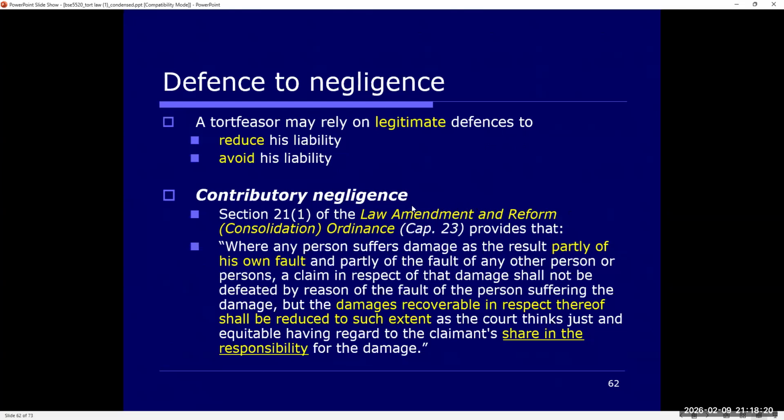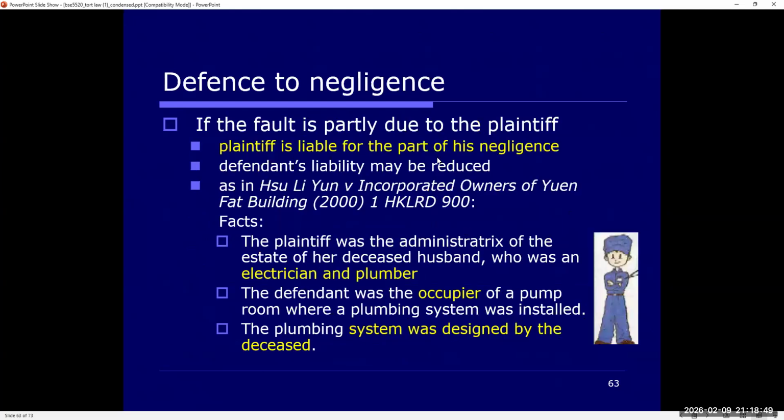Say the plaintiff himself or herself has done something wrong, leading to the injury of himself or herself. Then partly the problem was due to the plaintiff himself or herself. That is contributed by the plaintiff. Therefore, the liability of the defendant, that is the tortfeasor, could be reduced. That is only one point. The other points I would like to explain to you later.